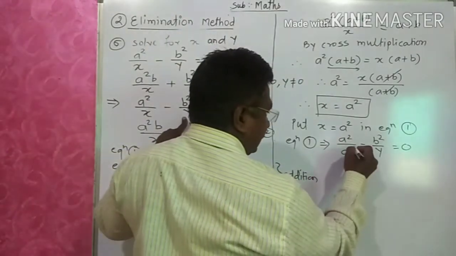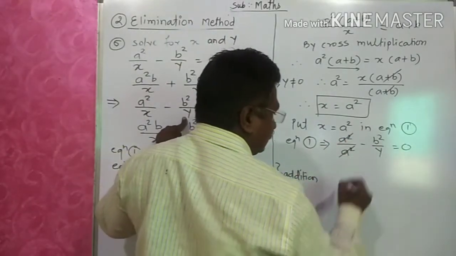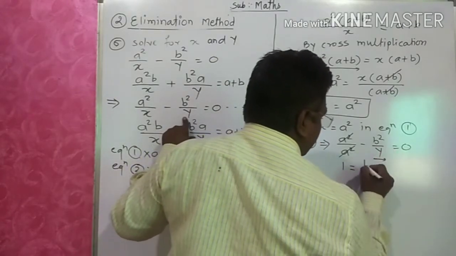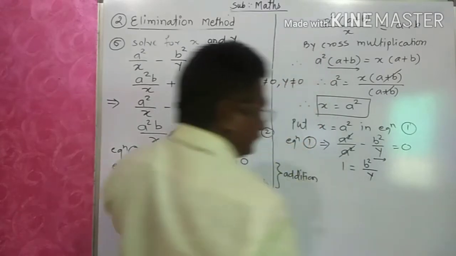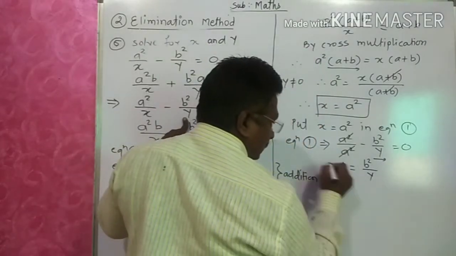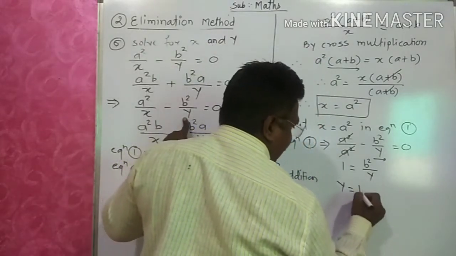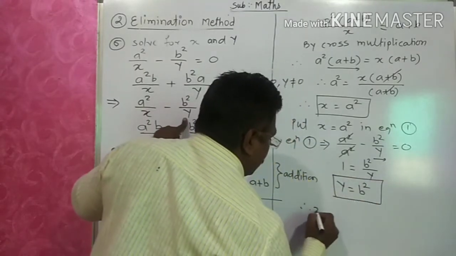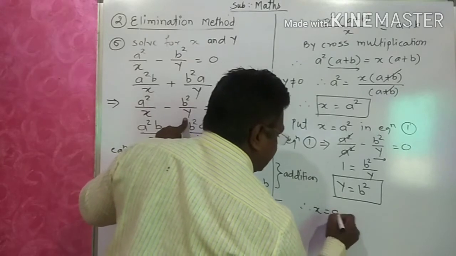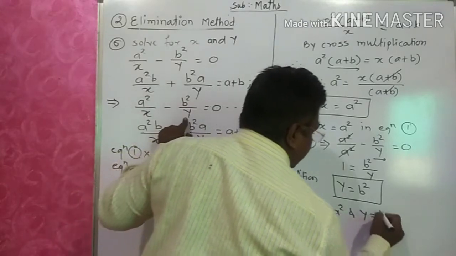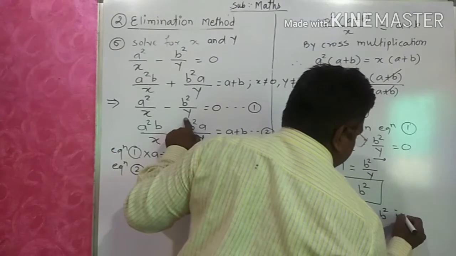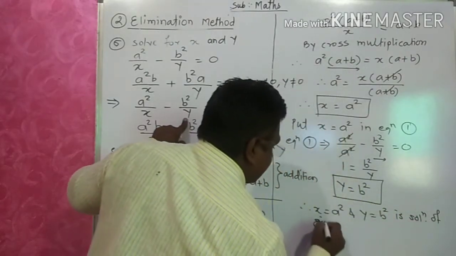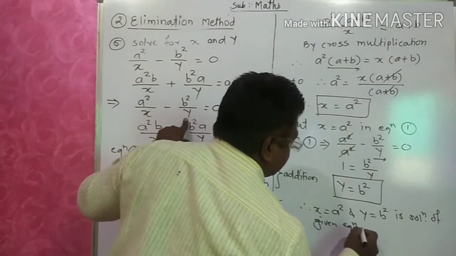So a square cancelled, so 1 equals this, transfer that side, so b square by y. Now multiply here, so y equals b square. Therefore x equals a square and y equals b square is the solution of the given equation.